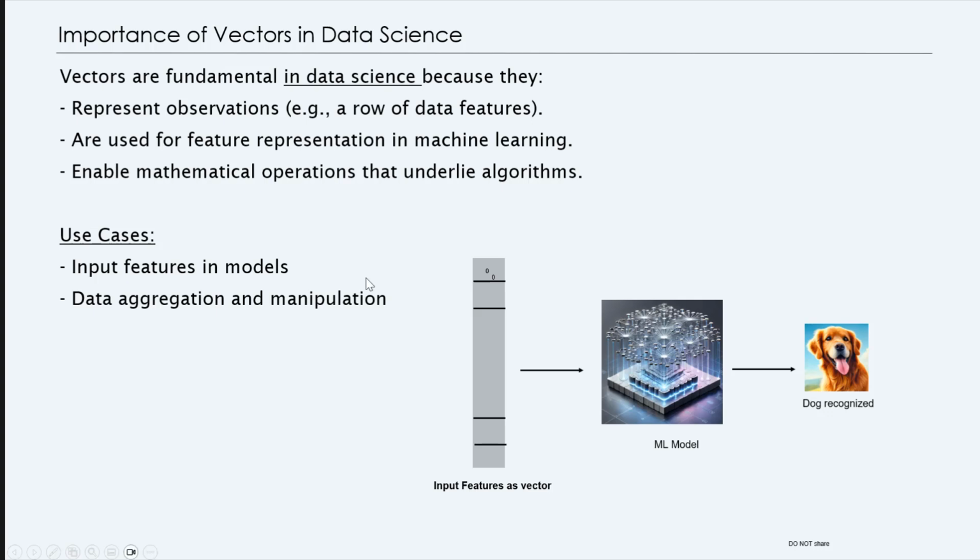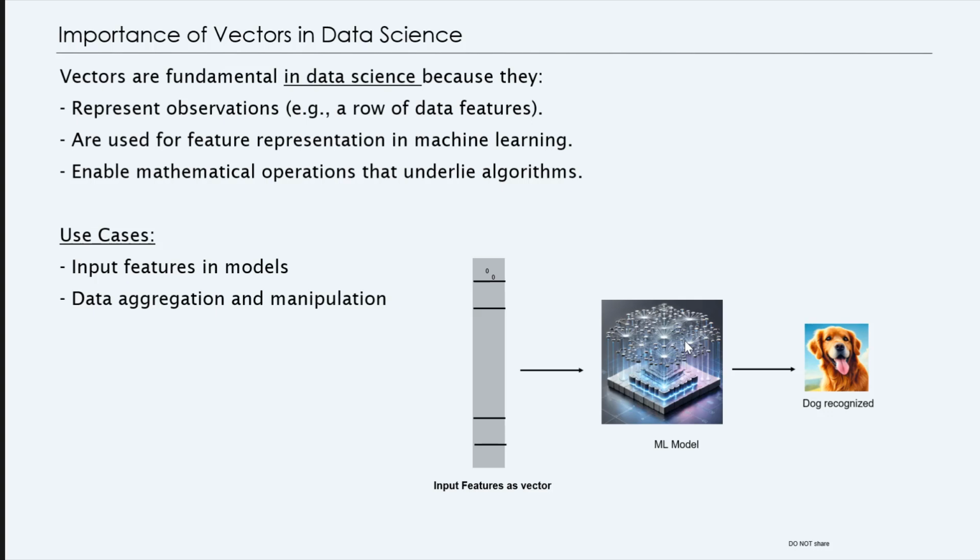Now, vectors are fundamental in data science as they serve as tools for representing observations, such as rows of data features, and are essential for feature representation in machine learning. They enable mathematical operations that form the basis of many algorithms, from linear regression to deep learning.